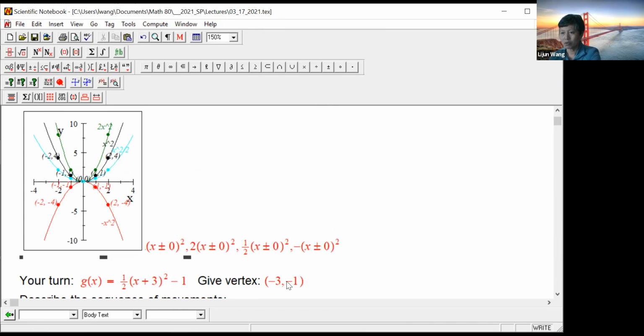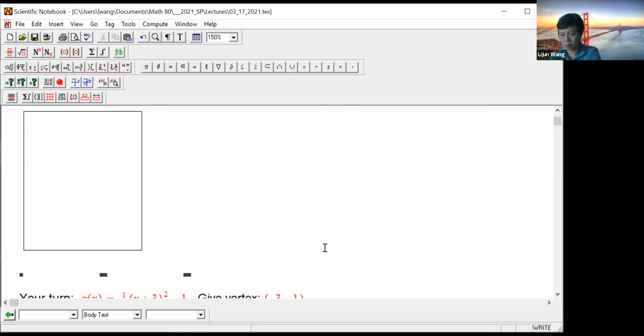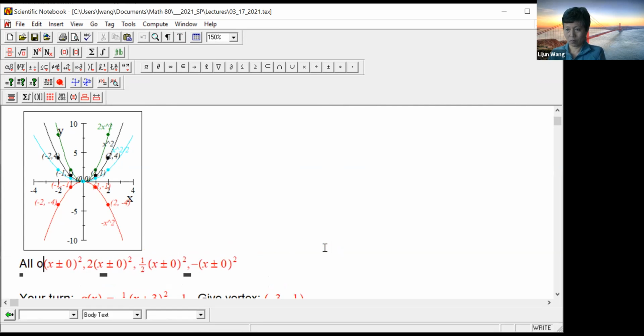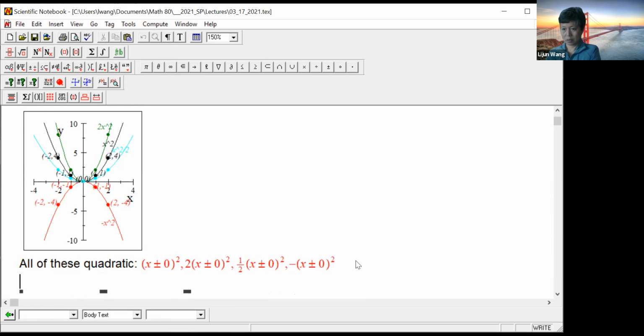The line of symmetry is what? The line of symmetry is the y-axis. For all of these quadratic functions, the line of symmetry is the y-axis.